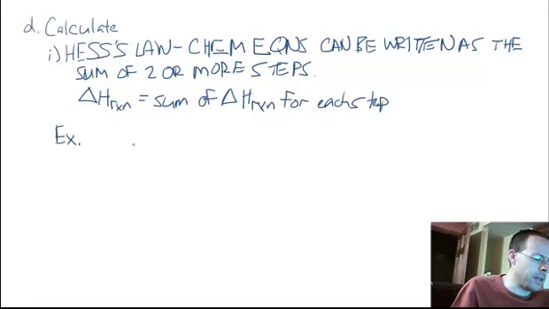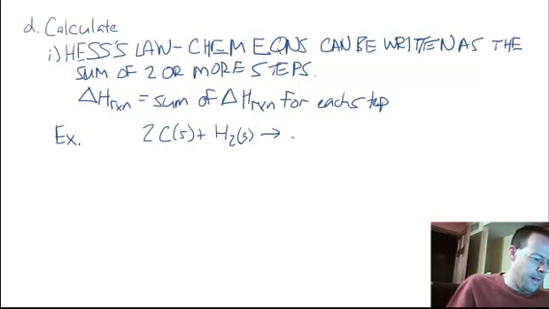So our example is, if we had this equation, two carbons that are solids plus hydrogen as a gas yield C2H2, as a gas.